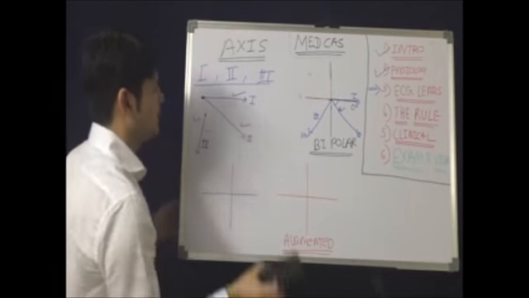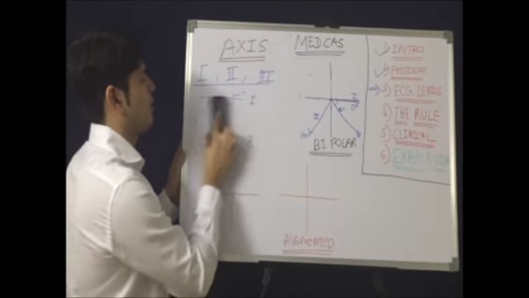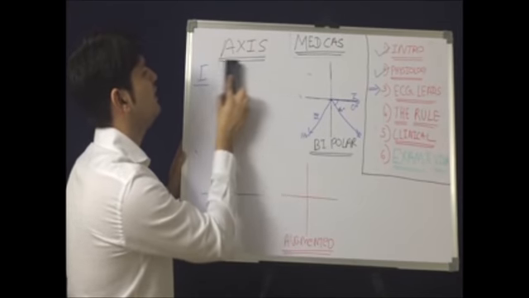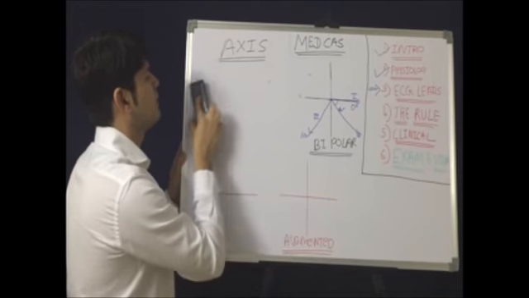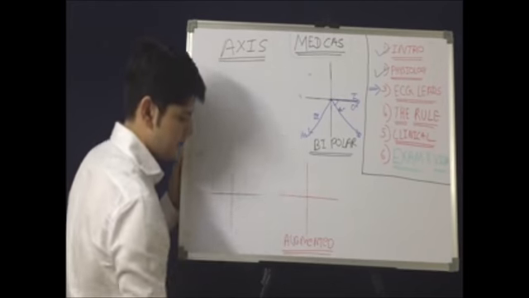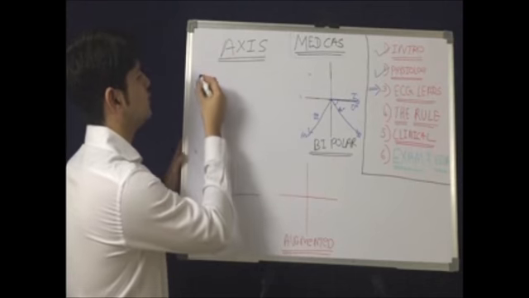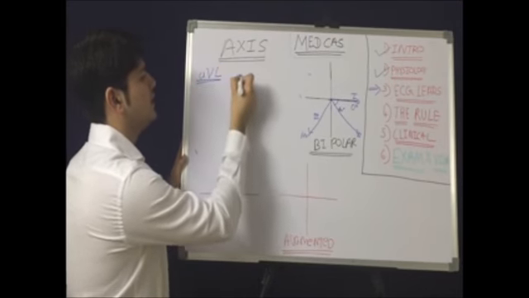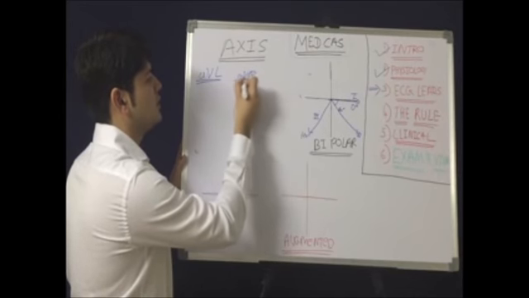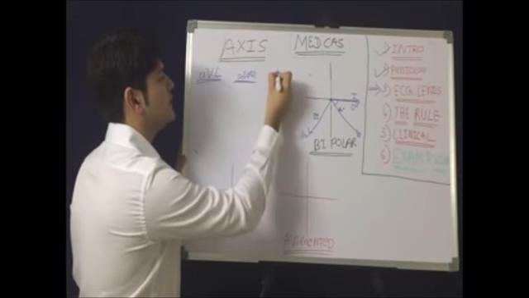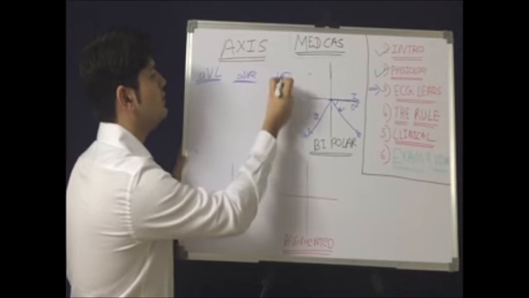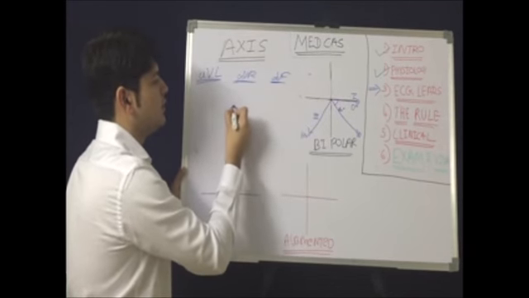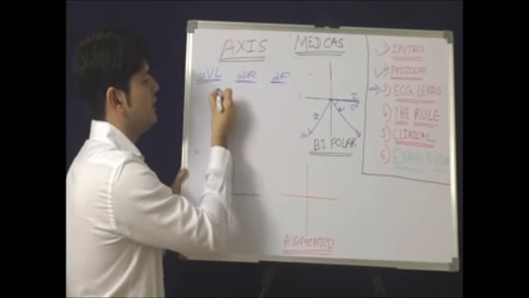Now we'll understand the augmented leads. Augmented leads are again three: towards the left, that is AVL, towards the right, that is AVR, and towards the foot, that is AVF. So how are these leads placed on a patient? From the center of the body towards the left is AVL.